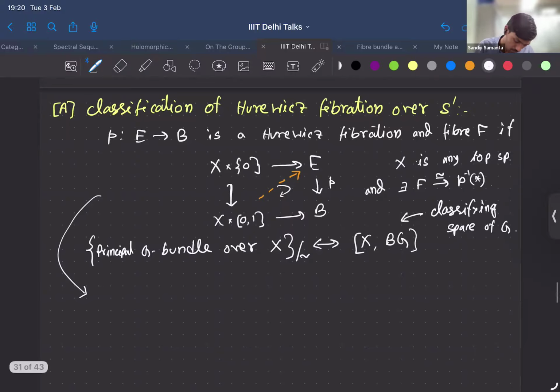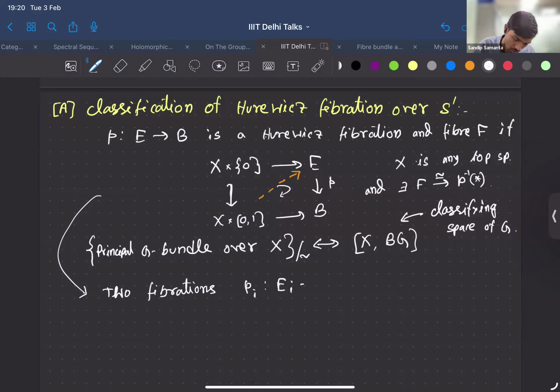So I'm just removing the word Hurewicz fibration; it is understood that I mean Hurewicz fibration only. So fibrations, let's say pi from E to B. The base remains the same and also the fiber; just the total spaces are varying.